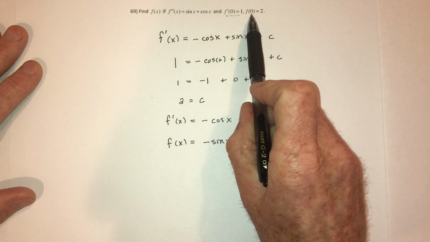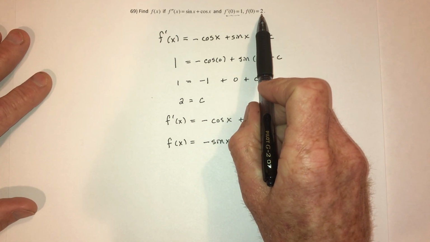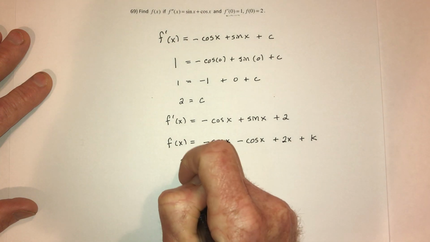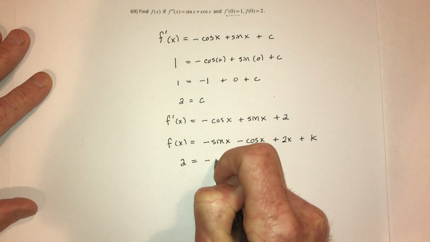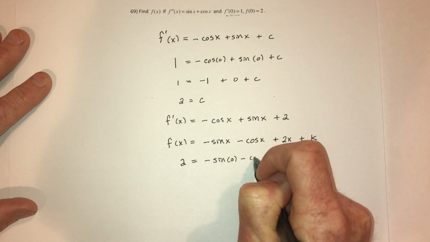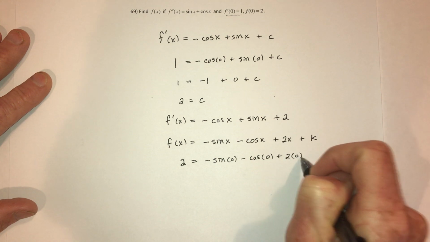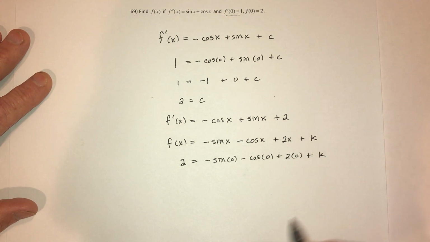And then plug in that x equals 0 and the y value or the function value will equal 2. So put a 2 on this side and then substitute 0 for all of those x's.